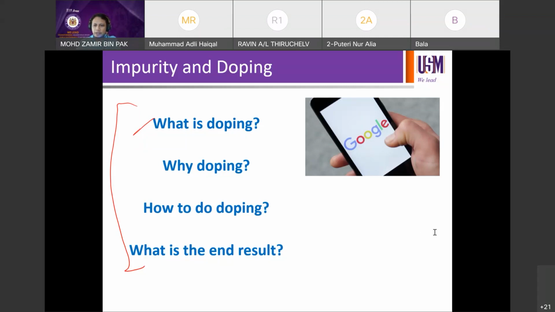And then Fatin, doping is a technique used to vary the number of electrons and holes in semiconductors. Yes, incorporating carriers or altering the level of carriers in semiconductor. Shasha, doping is the intentional introduction of impurities into semiconductor. Okay, this word is important, the fourth word here, intentional. That means you are doing the doping, you are incorporating the impurities into the semiconductor intentionally.